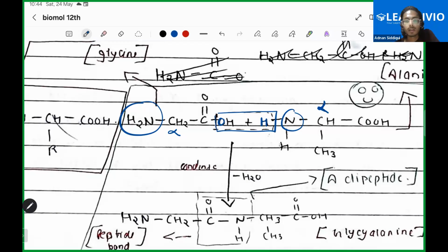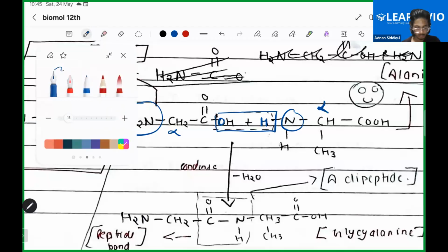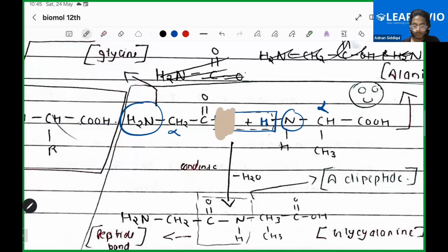See, you have this OH and this H. You are eliminating them, removing them by connecting with each other, and you are joining the bond directly here.